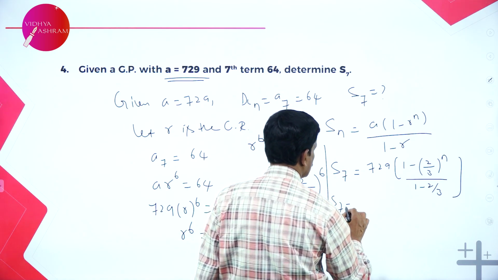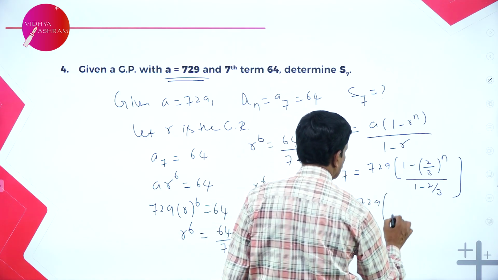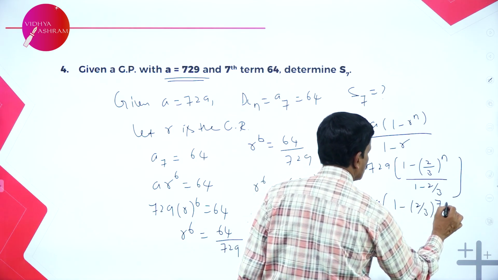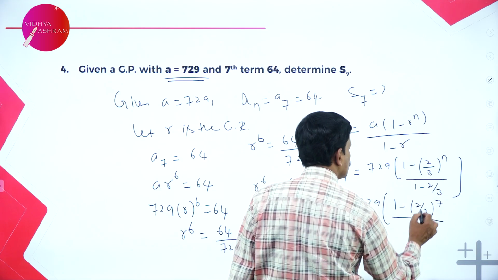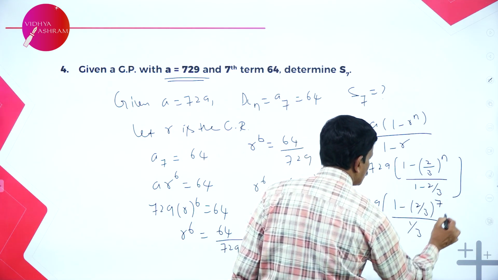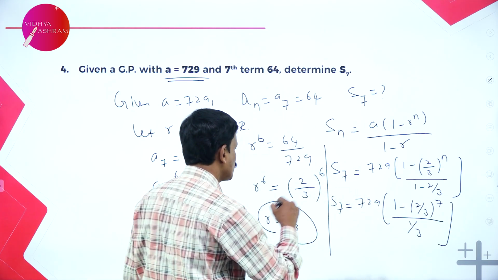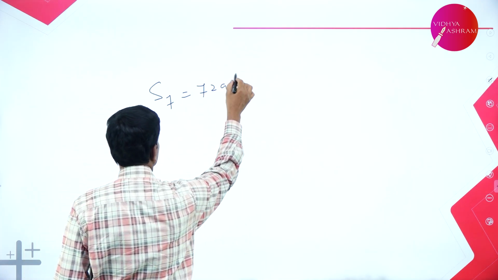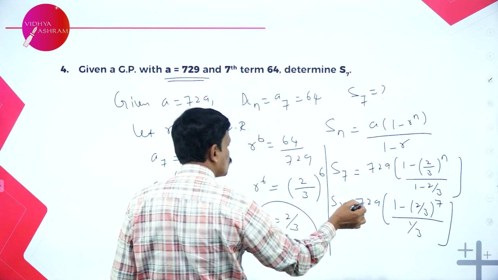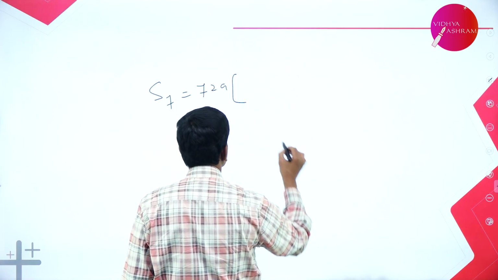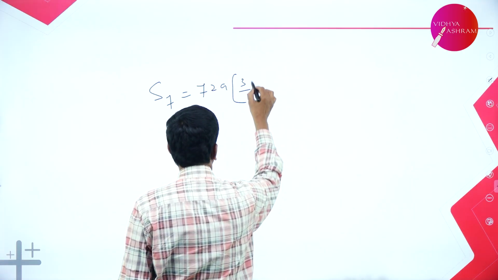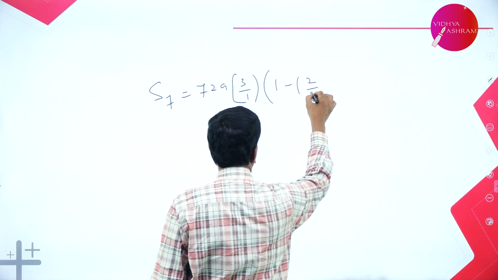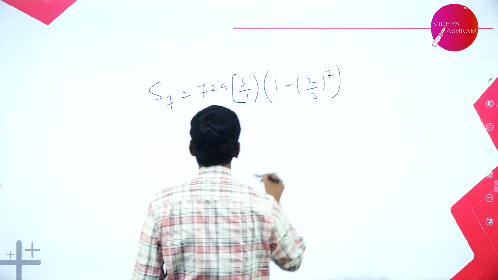So S7 is equal to 729 into 1 minus (2 by 3) whole to the power of 7 divided by 3 minus 2 by 3, that is 1 by 3. This can also be written as S7 is equal to 729 into 3 by 1, into 1 minus (2 by 3) whole to the power of 7.